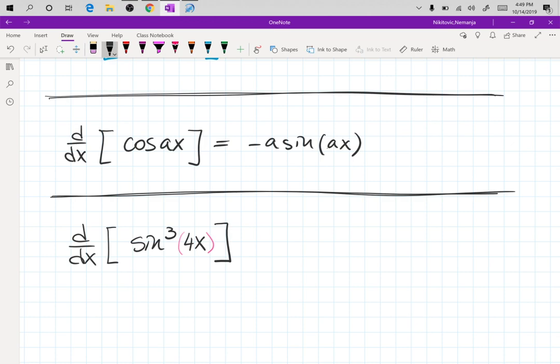This is a three-part. Yes, very good. It's a three-part. Nice. That means you are going to have multiple chains. Awesome. So f of g of h times g of h times h. Right.